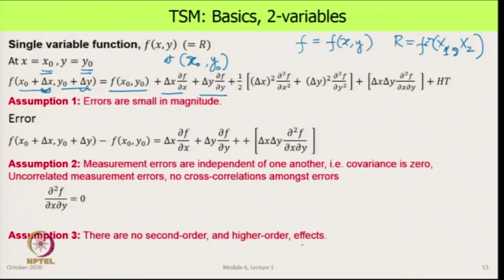Then comes the second order term, and there are two of these, and then there are third and higher order terms, which, as I said earlier, for all practical purposes are very small. So, we will subsequently neglect them.